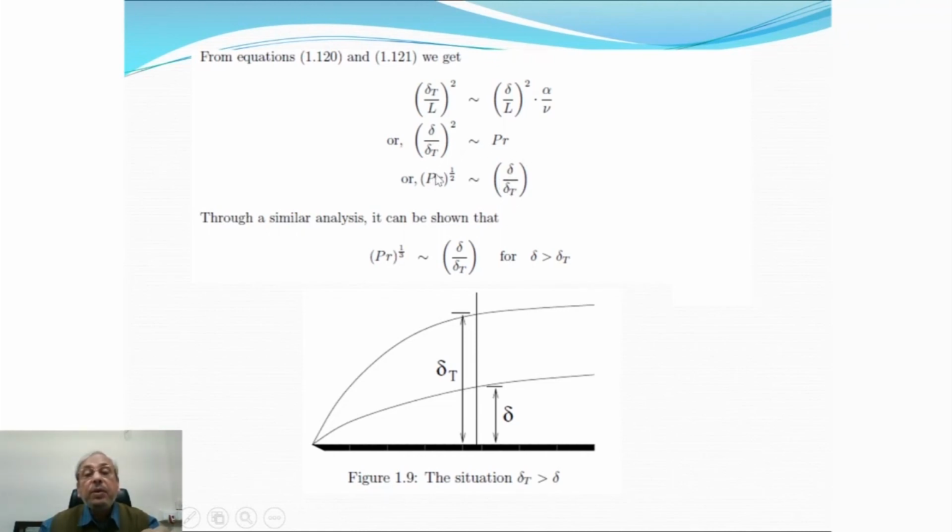That is, Prandtl number to the power half is proportional to delta by delta T. And this is a case where the Prandtl number is less than 1, right?